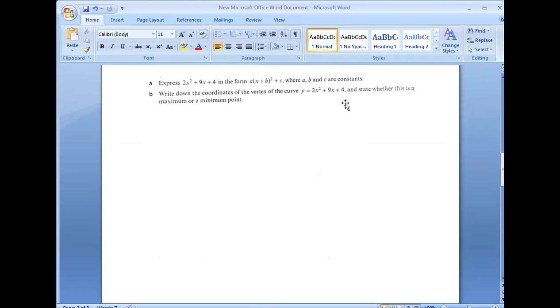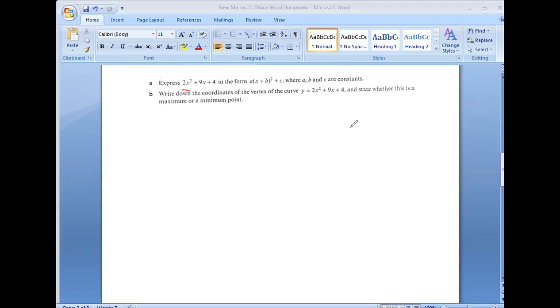The question asks to express 2x square plus 9x plus 4 in the form of a into x plus b whole square plus c, where a, b, c are constants, and write down the coordinates of the vertex of y equals 2x square plus 9x plus 4, and state whether this is a maximum or minimum point.